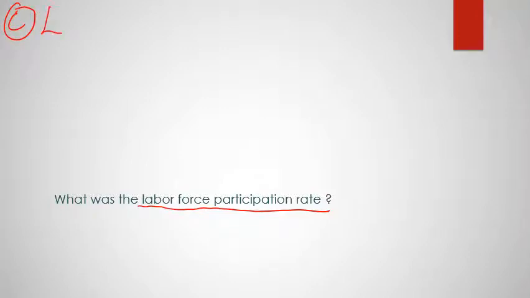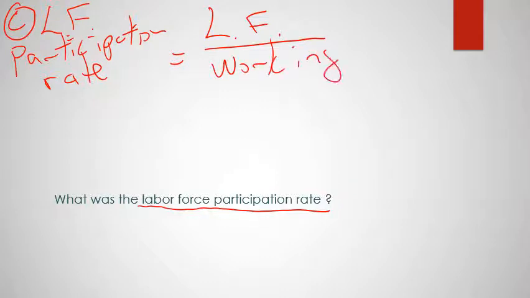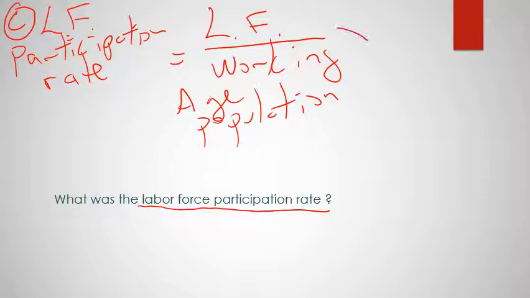So the labor force participation rate is equal to the labor force divided by the working age population, and we have to multiply this by 100 because we are attempting to calculate a rate.